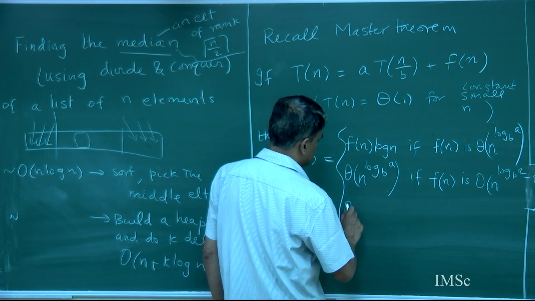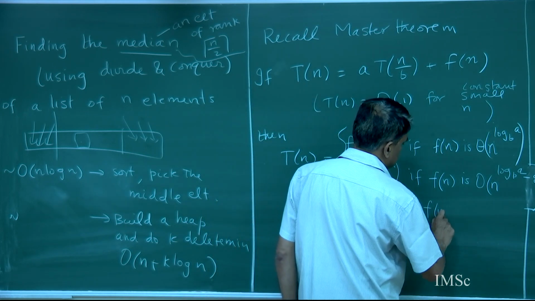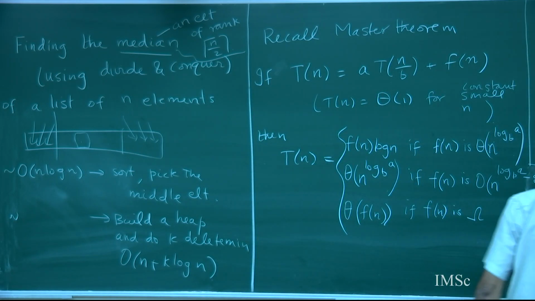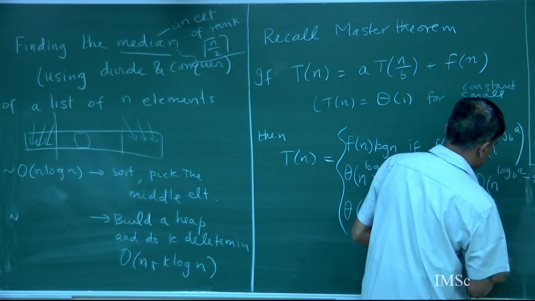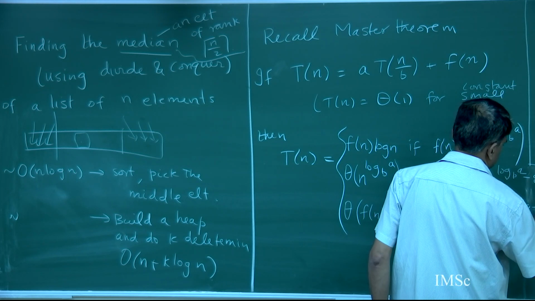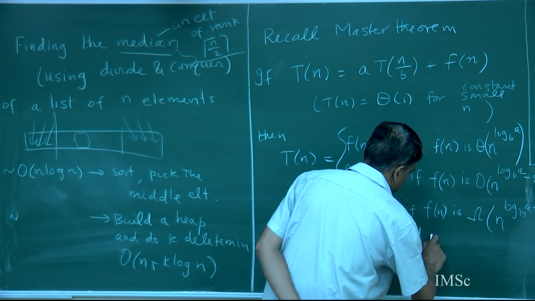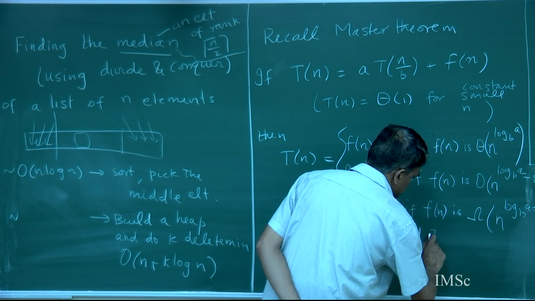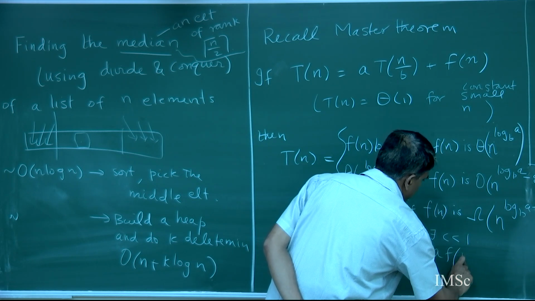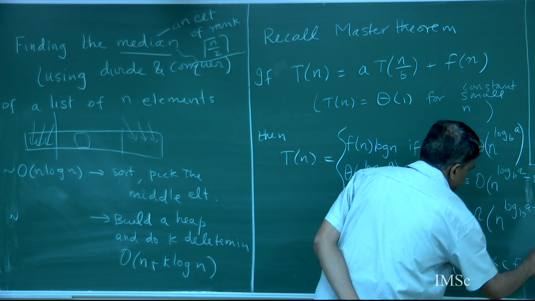And it is theta f of n if f of n is omega of that, and you also need another condition: there exists c less than 1 such that a times f of n by b is less than or equal to c f of n.